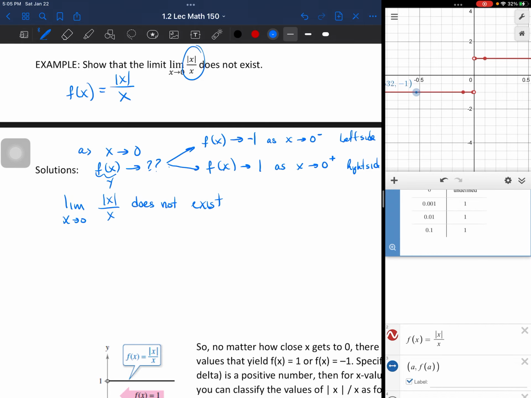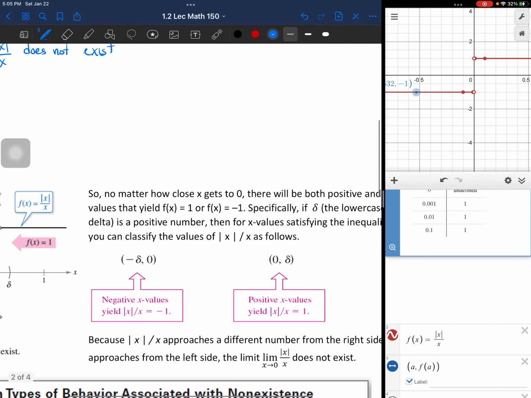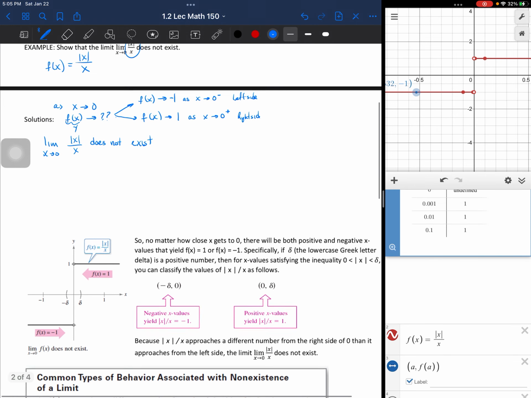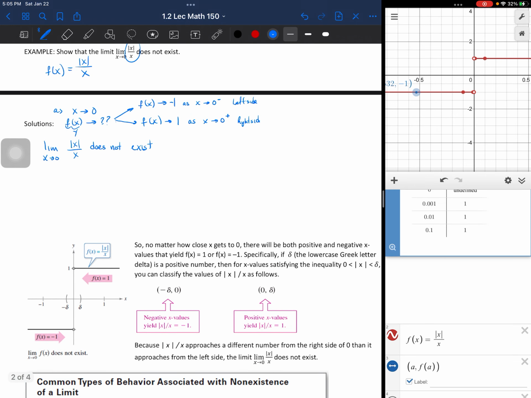We go over that in these notes. But what are you going to show me? What do you need to show me as a student to prove that this does not exist? Well, what you need to show me is the actual table.